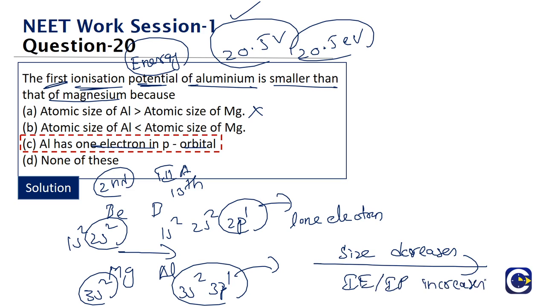Aluminum is smaller than magnesium in ionization potential. What is the reason? Aluminum has that one lone electron in the p, which can be removed easily in comparison to magnesium. Here we are not saying it is easy to remove the one electron of aluminum, we are just comparing. In comparison with the removal of an electron from the 3s2 structure, it is relatively easy to remove the electron from the 3p1 structure. So the answer for this is option C.